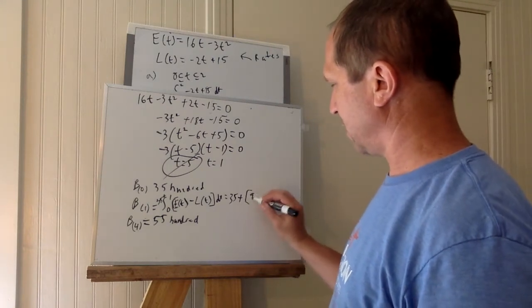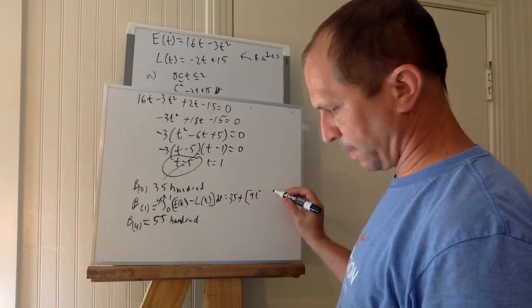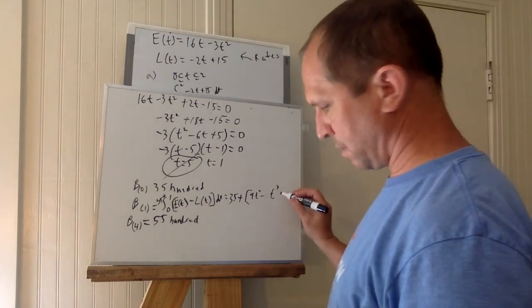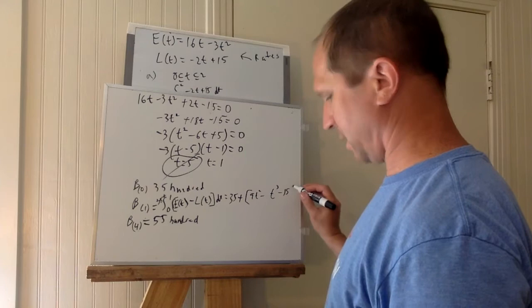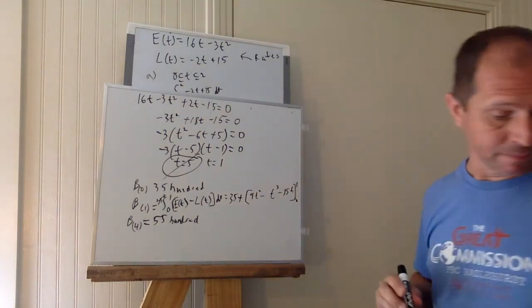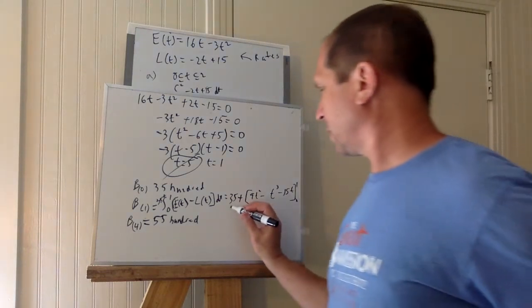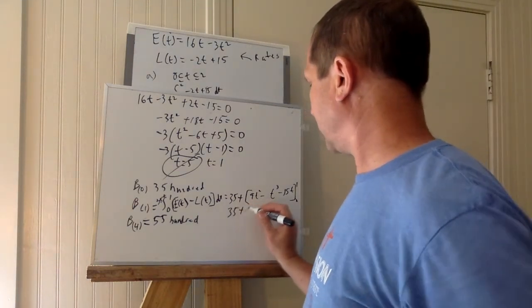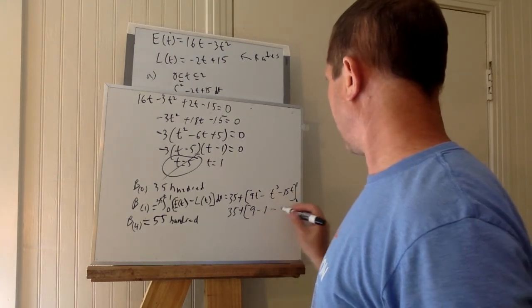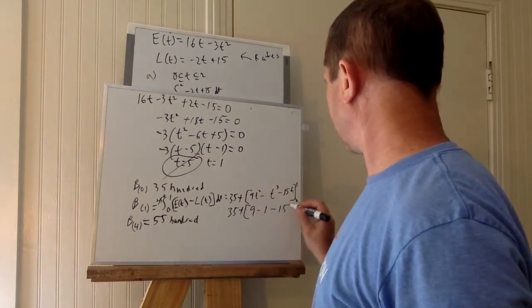It's 9t squared minus t cubed minus 15t. And we're going from 0 to 1. So this becomes 35 plus 9 minus 1 minus 15.